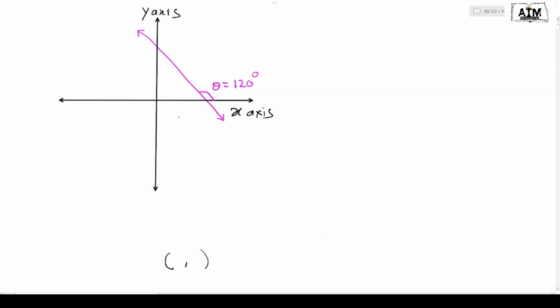In this example, the line is in the first quadrant and theta equals 120 degrees. That is the inclination of the line. This value I have taken randomly to explain to you. So how to find out slope? The slope is m, and we can find it using the formula tan theta.